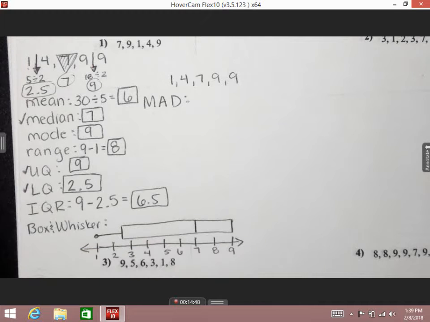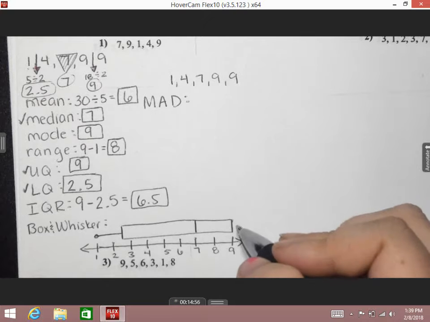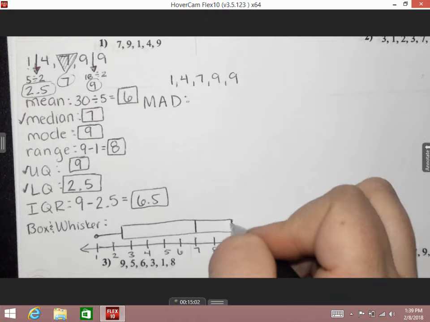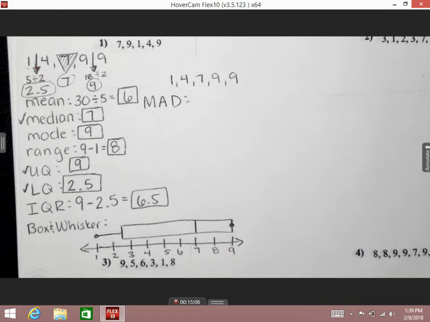And then what was my greatest value, Brian? 9. Dot or line? We need a dot, because it's a whisker. Now, when I go to put my dot, there's already a line there. All right, that's okay. We can just put our dot on the line. Don't put it beside it, because it still has to be at 9. Okay, so that's it. We've done our box and whisker.